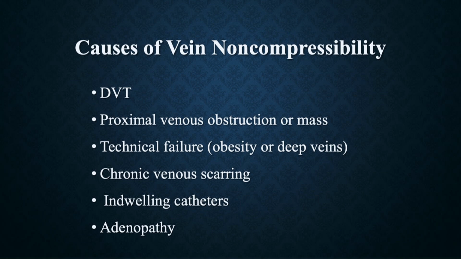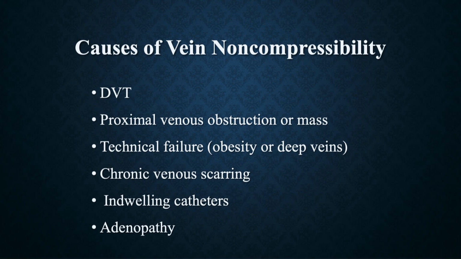So causes of vein non-compressibility, obviously DVT, proximal venous obstruction. You know, I've seen numerous cases of patients with significant retroperitoneal adenopathy that makes it very difficult to compress the veins because of the pressure on the IVC and the iliacs, even though there's no underlying thrombus. That's a pitfall. Again, you want to see the thrombus in the veins.